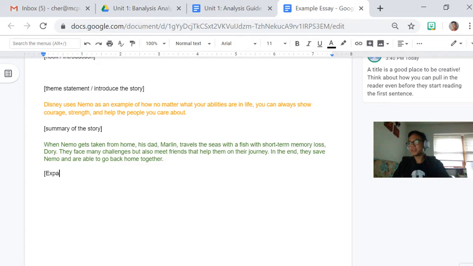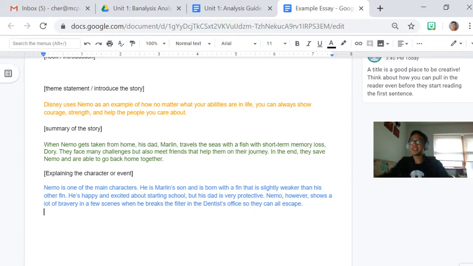So I'm going to call this section explaining the character or event. Because remember, some of your stories don't have a ton of characters, so you will have to use more of an event. But this story, Finding Nemo, has tons of characters, and they are very important characters. So we're just going to use them.